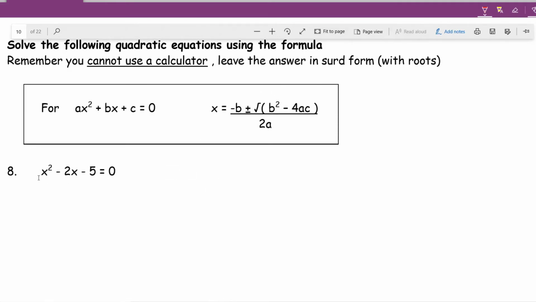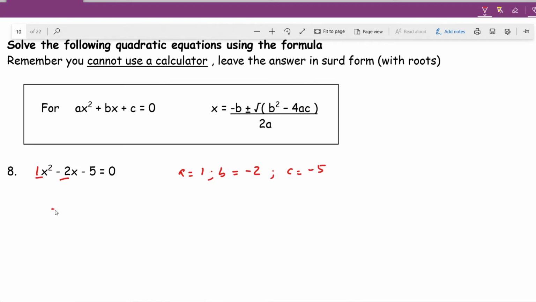So first thing first, we need the coefficients. Now if there's no coefficient in front of x squared, then we know there's 1 there. So a equals 1, b equals, don't forget the sign in front, minus 2, and c equals, again the sign in front, minus 5.